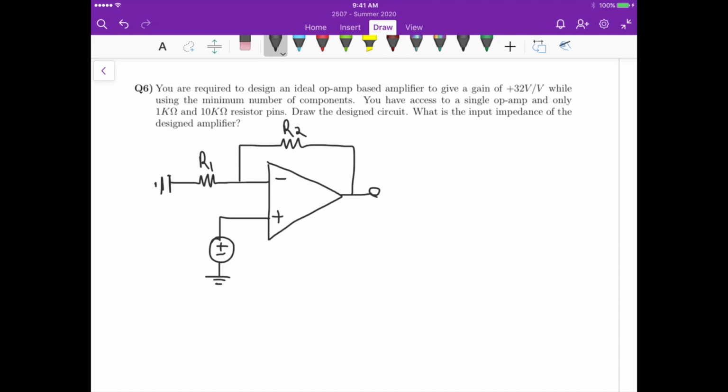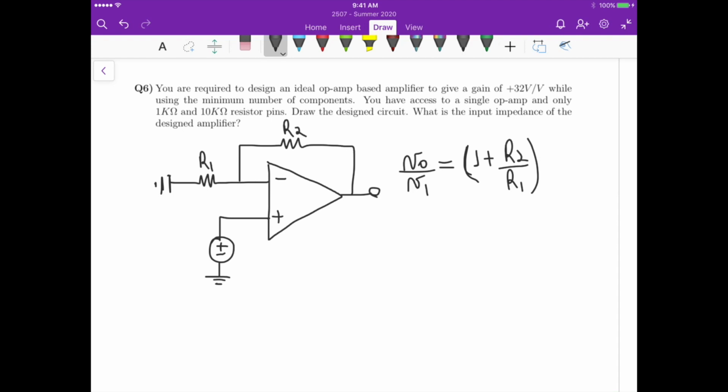So we know that the voltage transfer function, V out over Vi for this particular circuit, is equal to 1 plus R2 over R1. Okay, so that's the voltage transfer function.